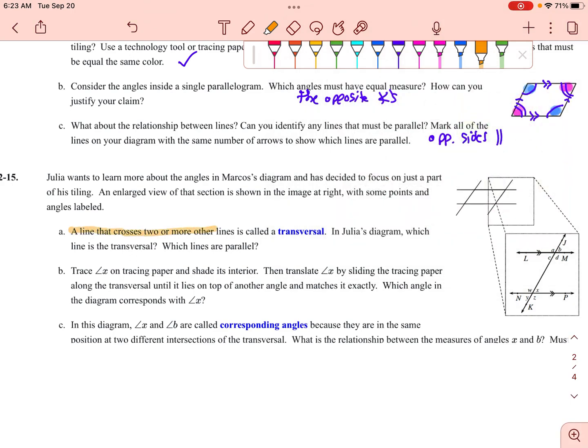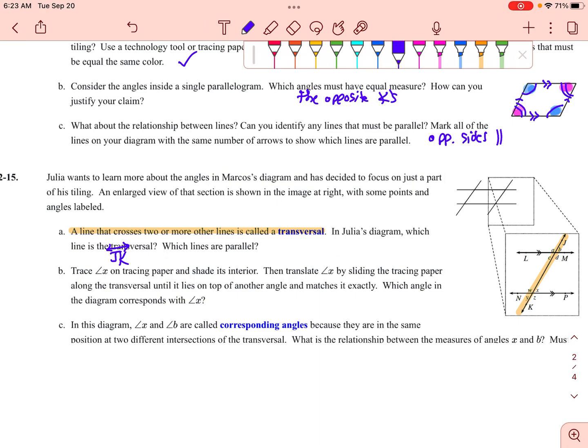So we're going to go ahead and put that in our notes. In Julia's diagram, which line is the transversal? And so I am going to highlight the transversal in orange. Okay, so we are going to call that line JK. And we're going to put a line over the top.